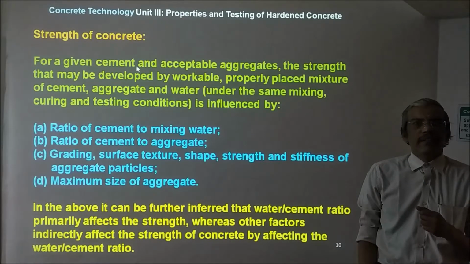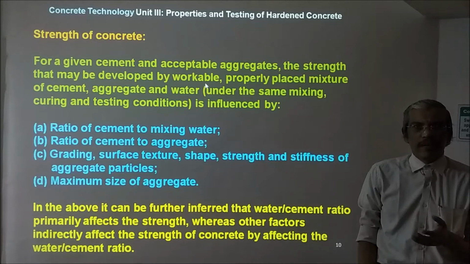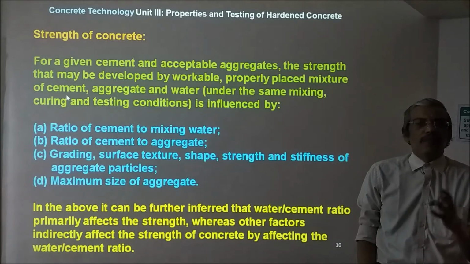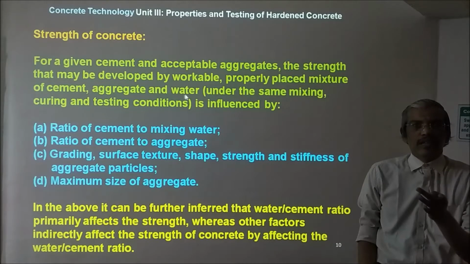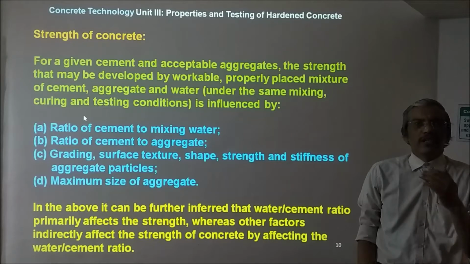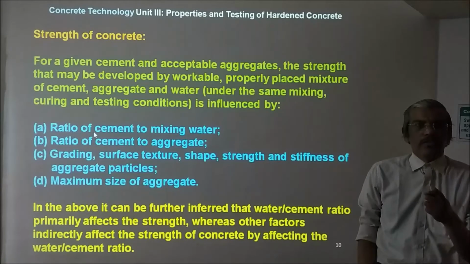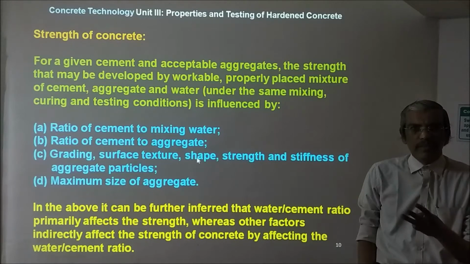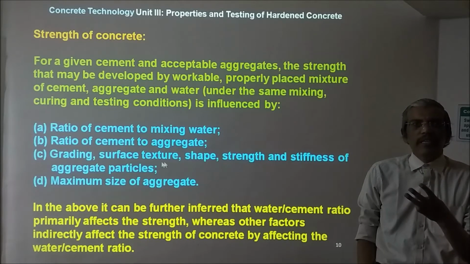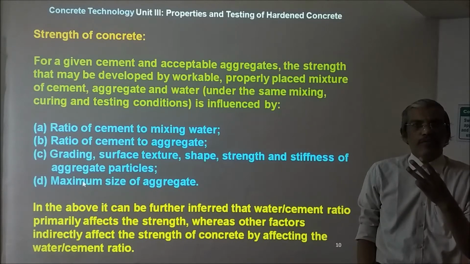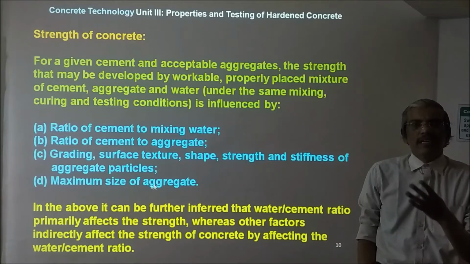For a given cement and acceptable aggregates, the strength that may be developed by a workable, properly mixed mixture of cement, aggregate and water under the same mixing, curing and testing conditions is influenced by, first, the ratio of cement to the mixing water, second, the ratio of cement to the aggregate, third, grading, surface texture, shape, strength and the stiffness of the aggregate particles, and fourth, the maximum size of the aggregate.